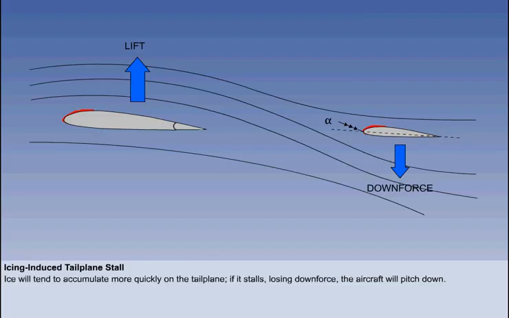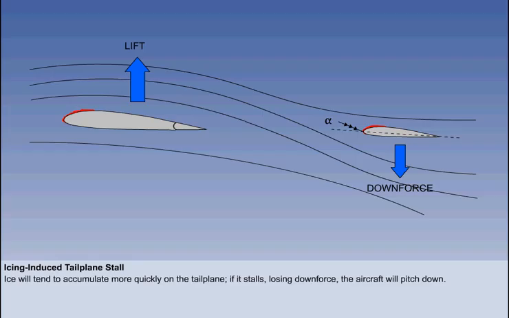The tailplane is an aerofoil, and because it is thinner than the wing, will tend to accumulate ice sooner and more quickly than the wing, but with similar effects. However, the tailplane, often an inverted aerofoil, usually produces a downforce.